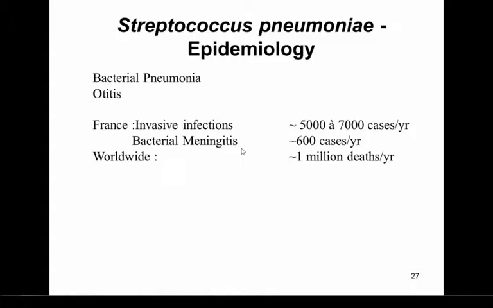Now that means that the bacterium can be found in a compartment of the body that is normally sterile. Okay, so of course, bacterial meningitis, that's an invasive infection. You don't normally have bacteria in your brain. Pneumonia is an invasive infection. It's normally a sterile compartment.